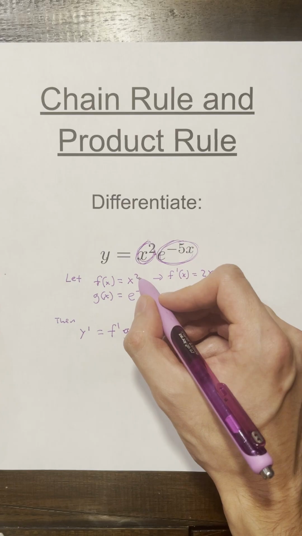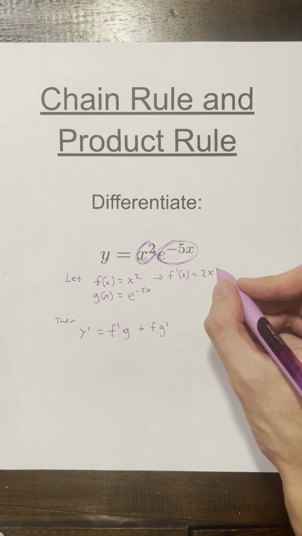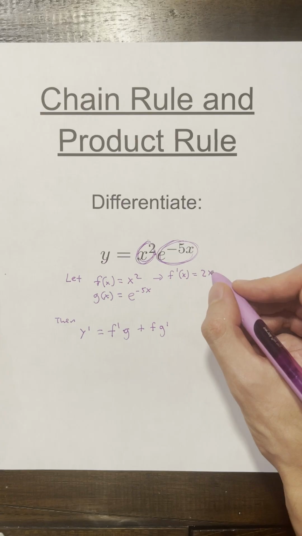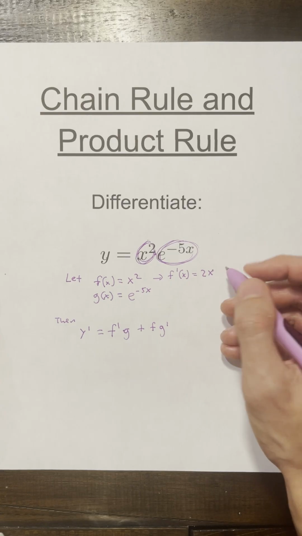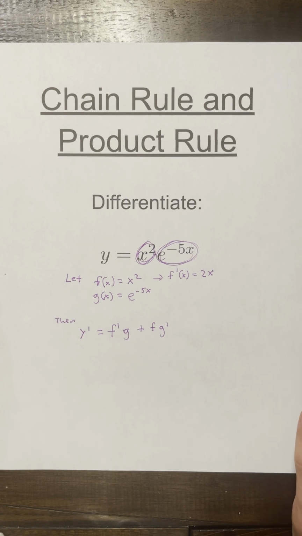I need to subtract 1 from this. So x gets raised to the power of 1, but anything raised to the power of 1 is just the number itself. So I won't write down the 1.